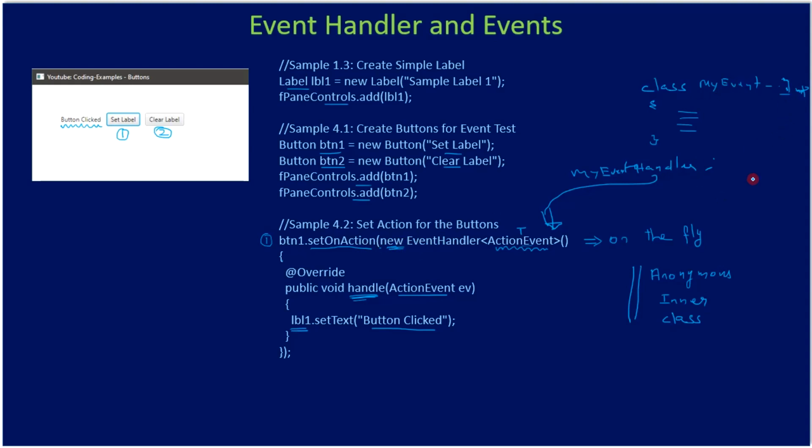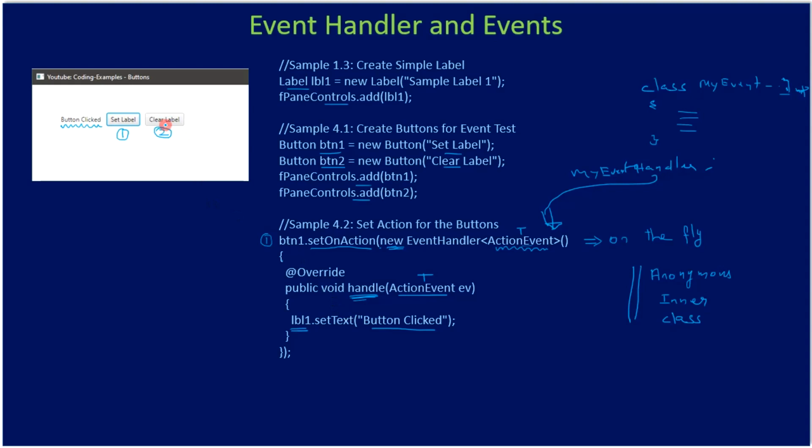So instead of defining an event class and providing the handle method, here we are simply creating the EventHandler anonymous type, the generic type, and then we are providing the anonymous inner class, and in the inner class we are satisfying the interface by providing the definition for public void handle. This is actually T, and we provided the handle method.